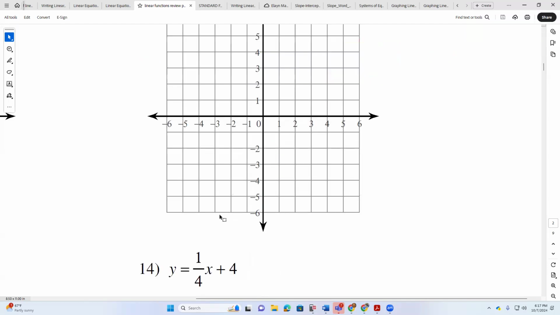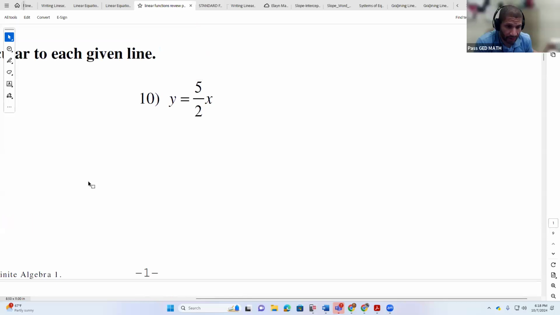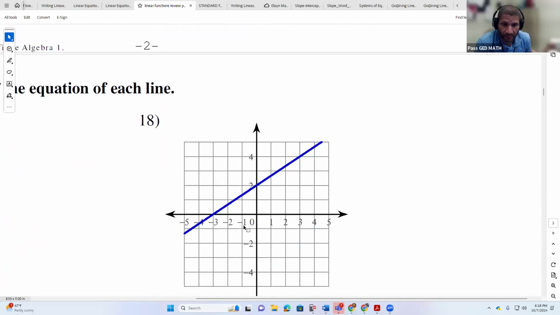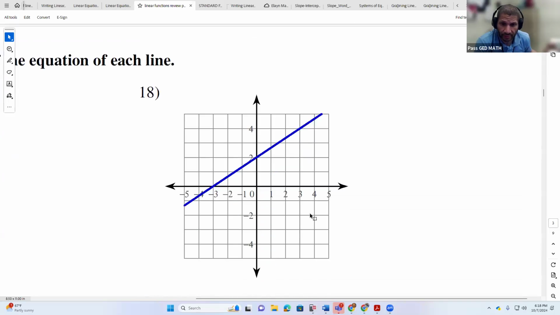Okay, all right. So let's see if we can find a good one. I'm looking at this graph, and I have to find an equation of this graph now. What you always got to keep in mind is y = mx + b, where m is my slope.